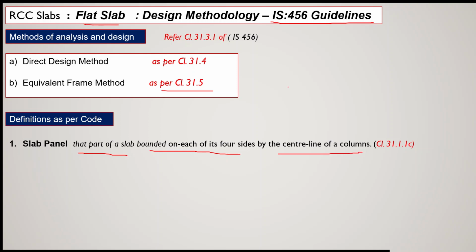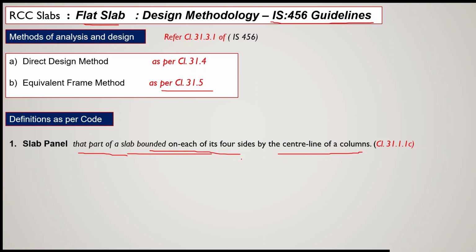So that means if there are 20 columns, or along one span side there may be 5 columns, 4 columns, when you draw the center line, that means you draw a line joining the center to center of all the columns, then the one slab portion which is bounded on four sides by the center line of the column.